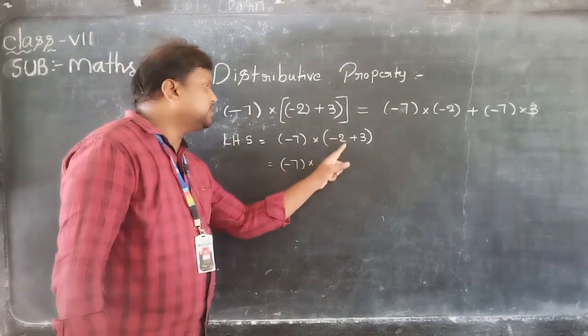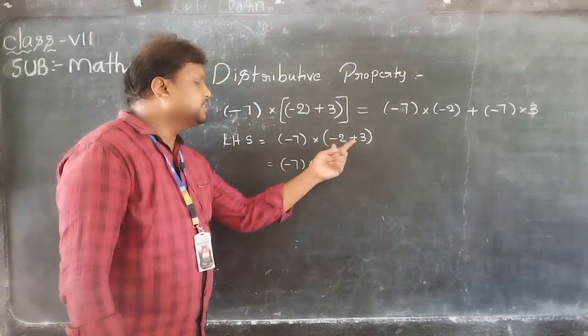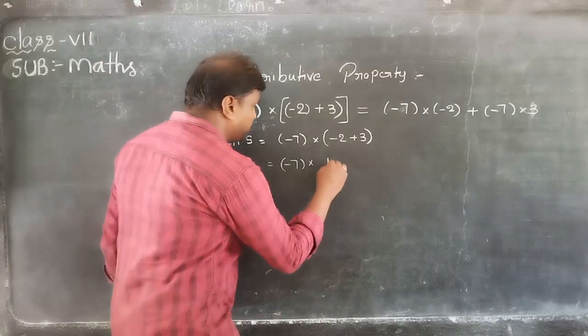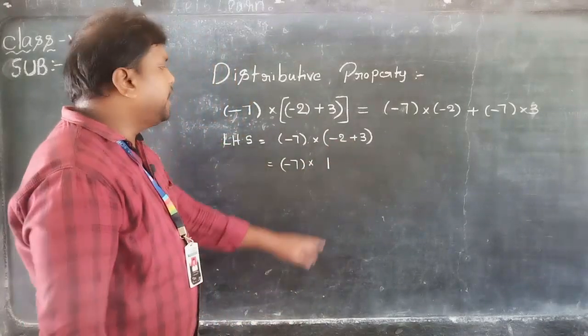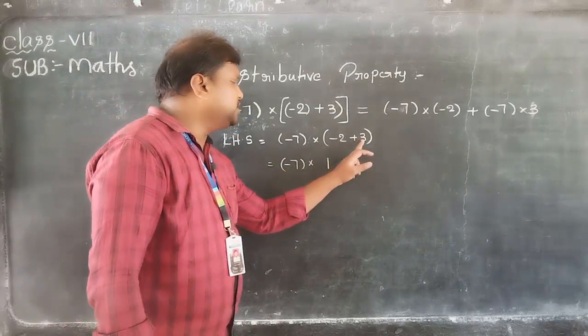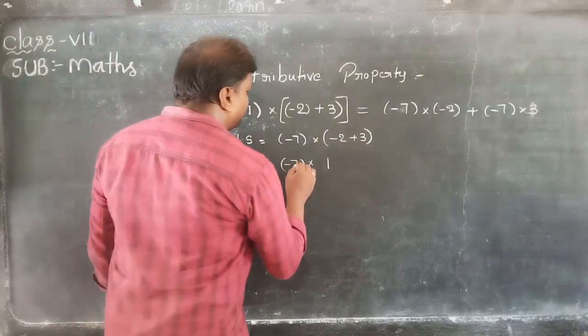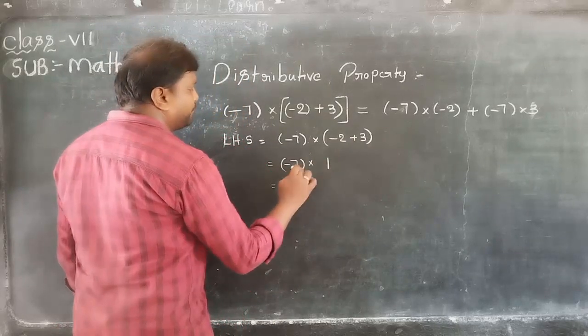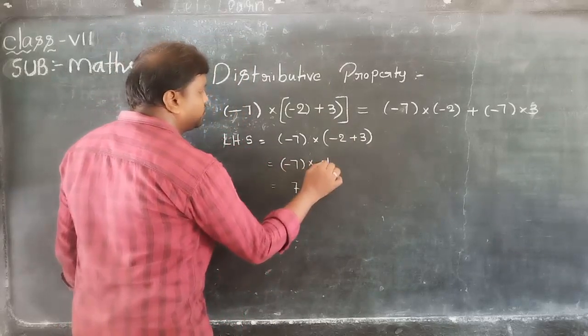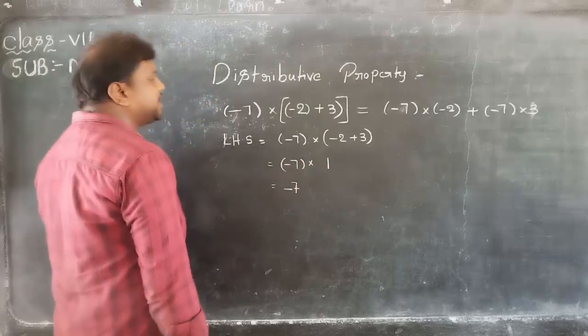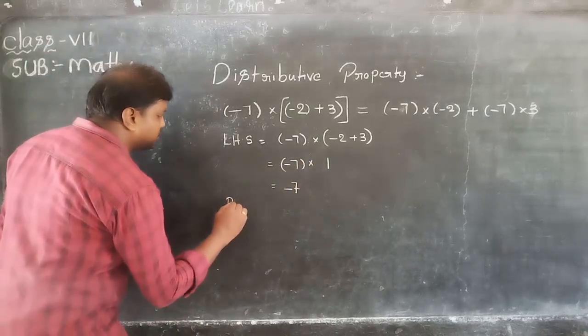Here two numbers have different symbols, so we use the subtraction operation, and the difference of 3 and 2 is 1. The higher value 3 has the plus symbol, so the answer also gets plus. Minus 7 into 1 is 7, minus into plus is minus, so minus 7. This is the LHS value.